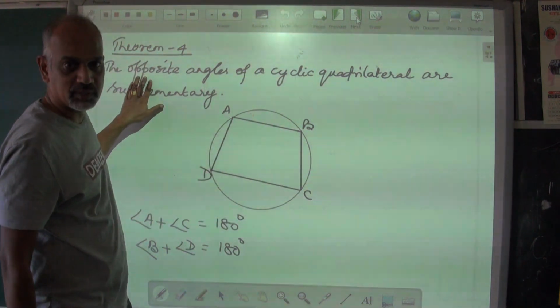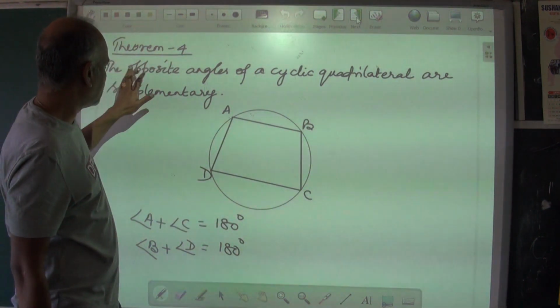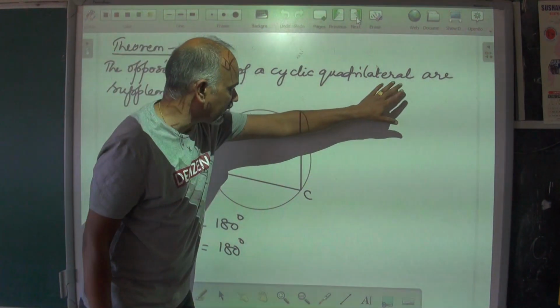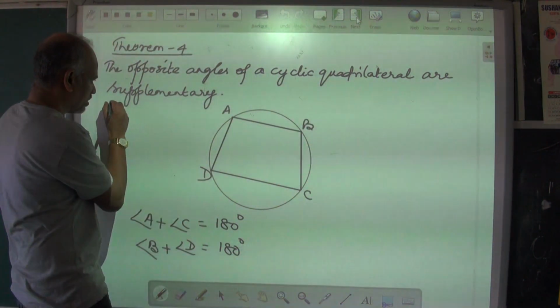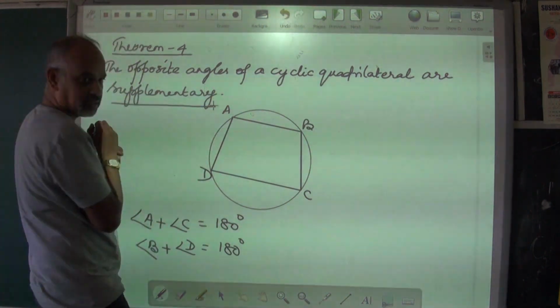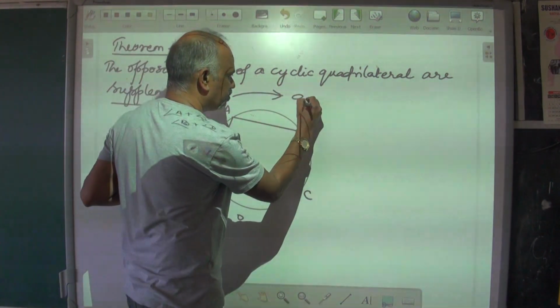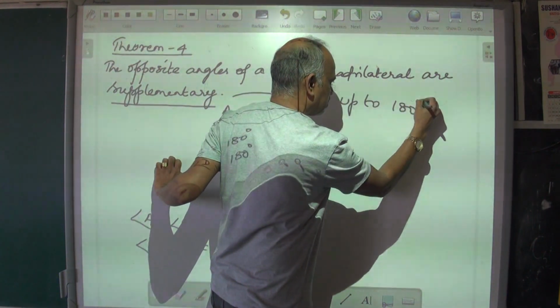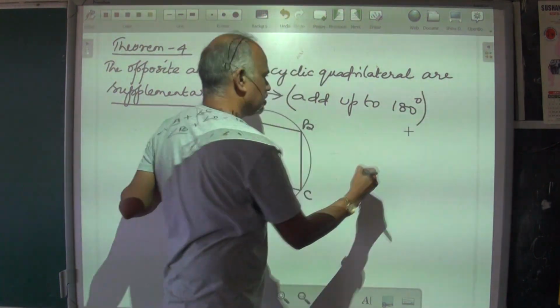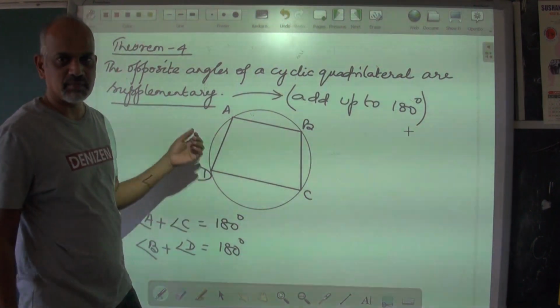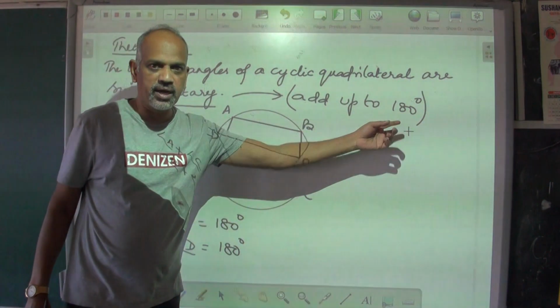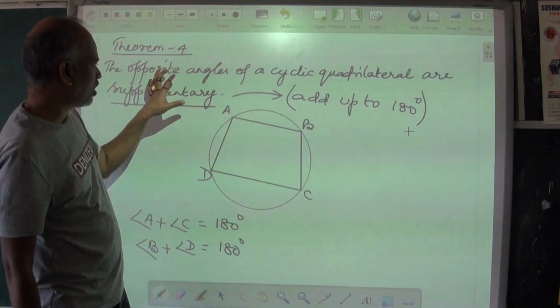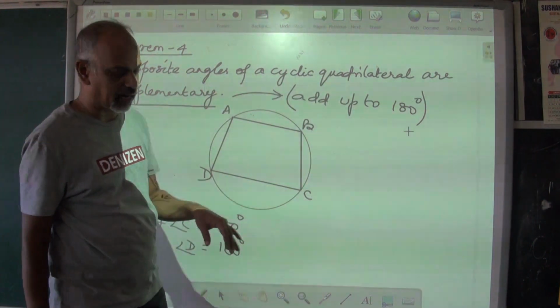Now coming to this property, it says the opposite angles of a cyclic quadrilateral are supplementary. The word supplementary means they add up to 180 degrees. Here it says opposite angles of a cyclic quadrilateral.